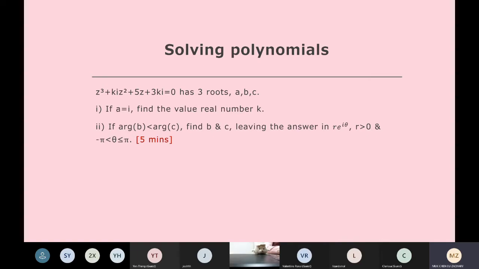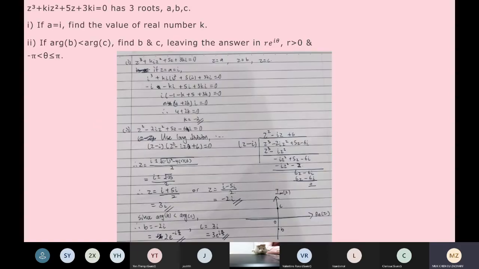Same thing, we'll just go through this in the interest of time. Now you have this weird equation, and they have given you a, b, and c as the roots. So you know there are 3 solutions, you can tell because it's a cube.